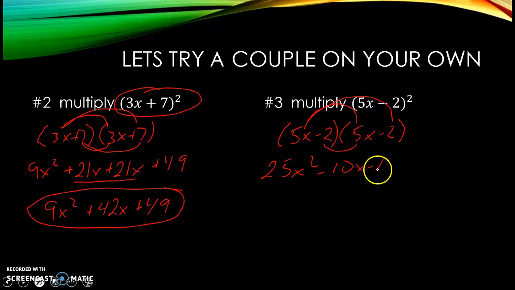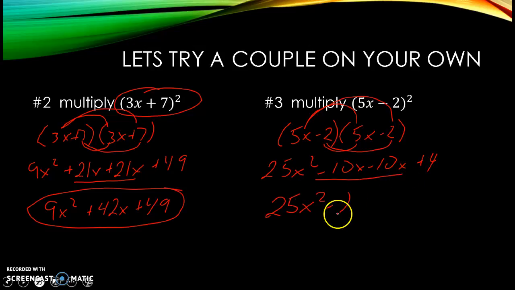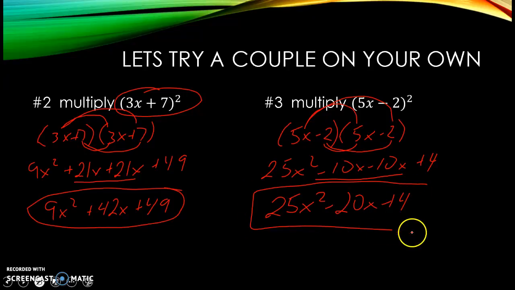Negative 2 times 5x is another negative 10x, and negative 2 times negative 2 is a positive 4. So when I combine my like terms, I'll have 25x squared minus 10x, and minus 10x is minus 20x plus 4. And that's what we have for number 3. So that's half of this assignment, squaring binomials.